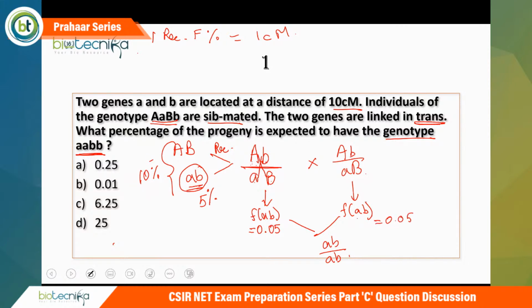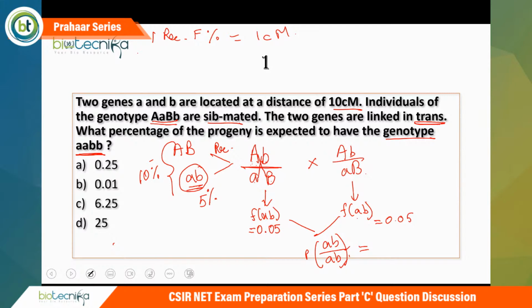Now, for this individual, what will be the probability? Remember the multiplication rule, where we have to multiply, because both are independent events. They have to come together, and only then can we get a genotype like this.